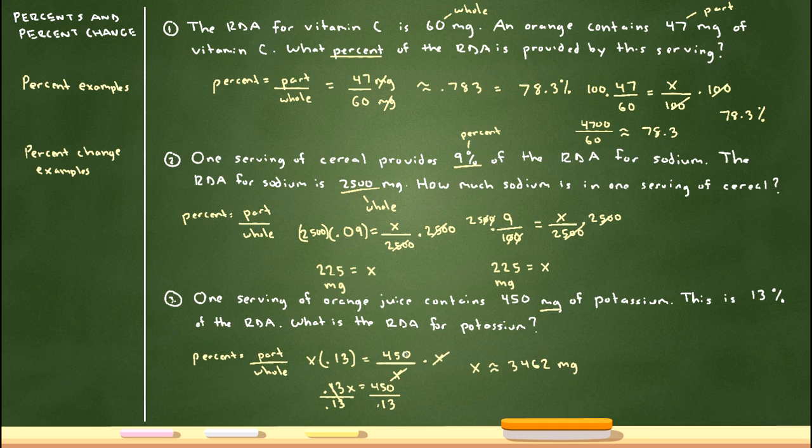If you do 450 divided by this number, we should see our decimal coming out to be about 0.13, or very close to it, since this is a little approximation. Okay, you may want to go ahead and try this one using ratios as well. You'd set this one up as 13 over 100 is equal to 450 over x. So I'll let you go ahead and try that one if you'd like to see if you could get this answer like that as well.